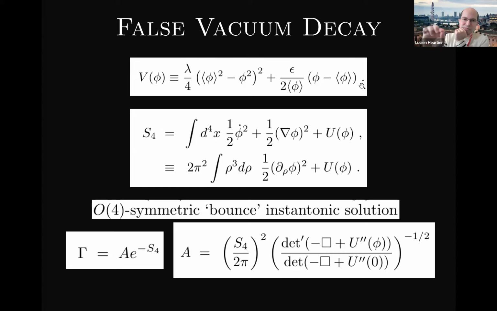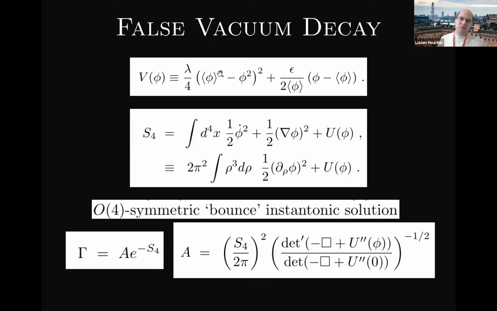Thin wall means that the wall of the bubble would be very localized, and that's typically what you get when you have, let's say, two minima of your potential which are slightly different but almost degenerate. So that's where this little epsilon parameter comes in, in order to break a little bit the degeneracy between the two minima.